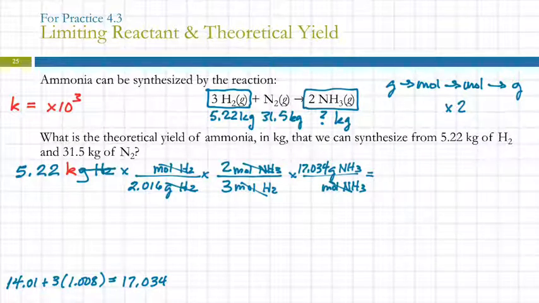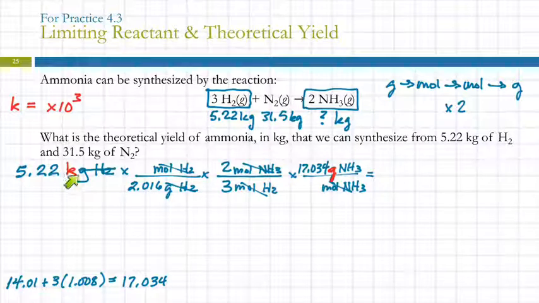So before we do the math, let's look at what's going on with the units here. I canceled out all the units except for the gram here and the kilo over there. Is it okay to put those together? Sure.